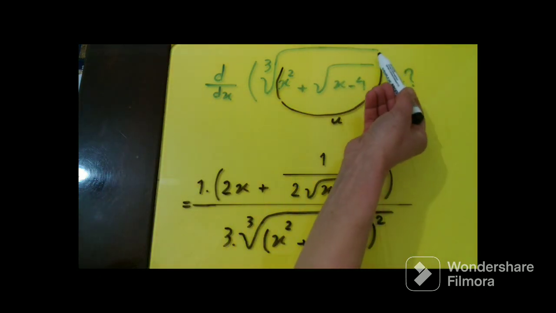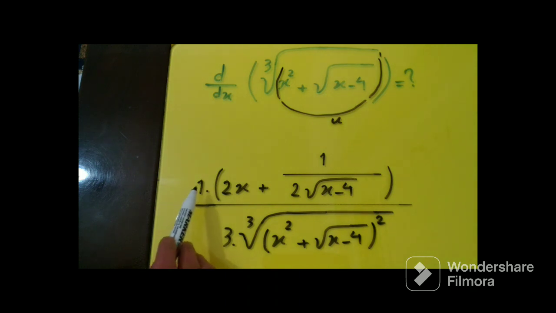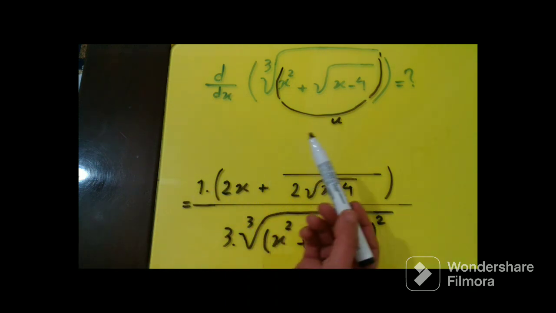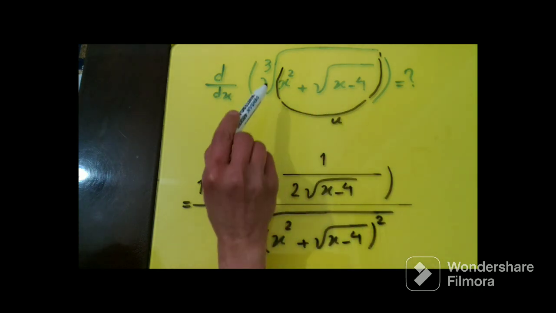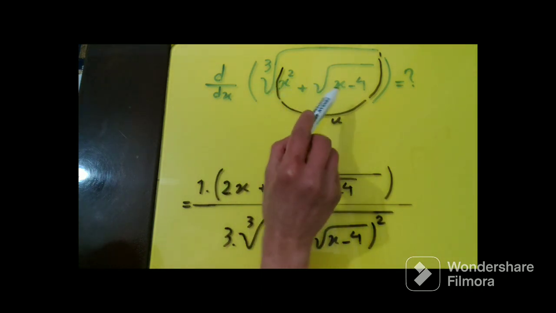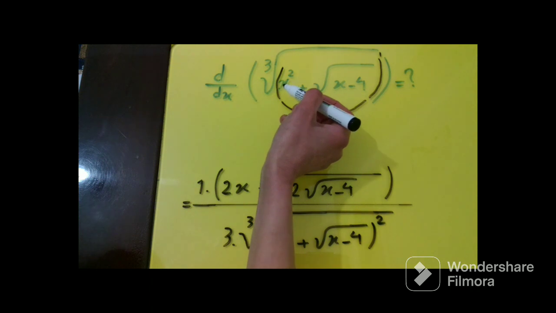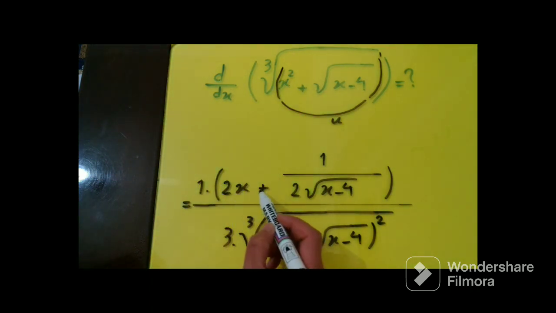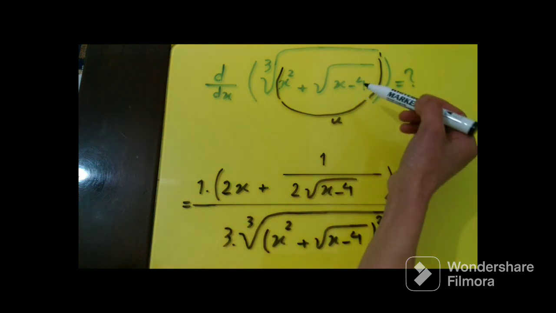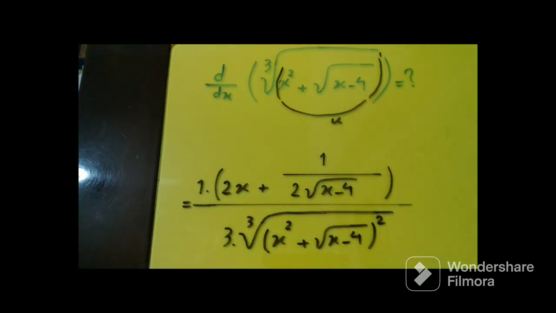First of all, you should bring the power down. It's 1 times. For getting the u prime, you should get the derivative one by one. For this term, the derivative is 2x plus, for this term, as you see, there is another radical function.